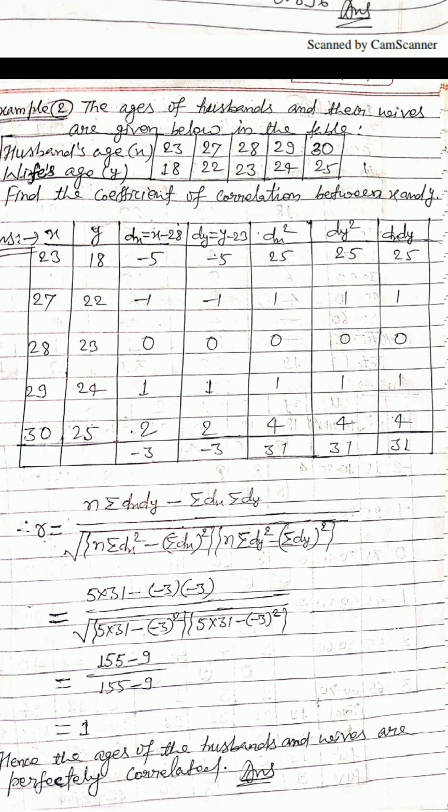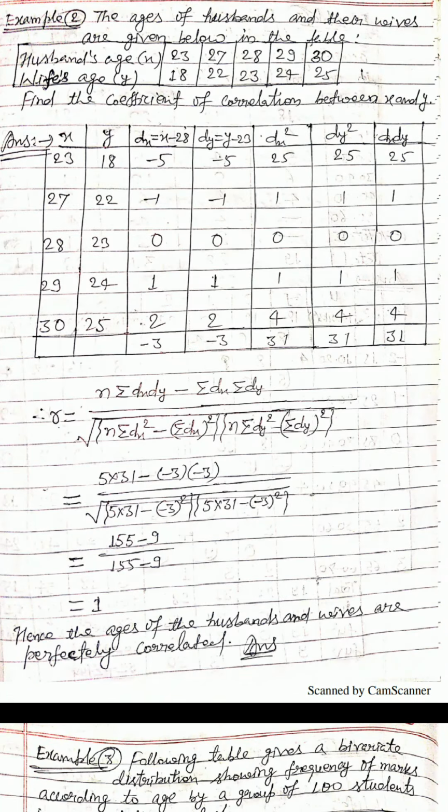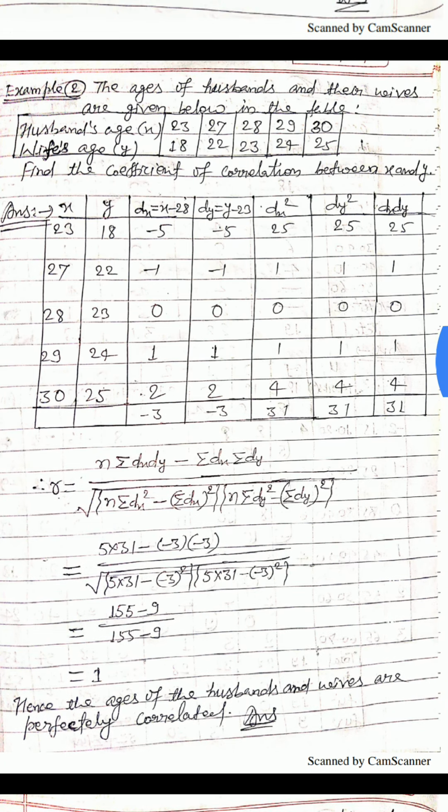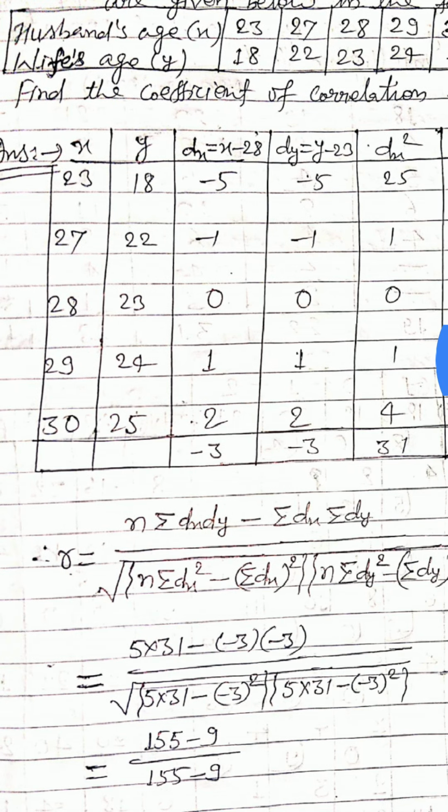What we see in this question is that x bar is just 28, and we subtract 28 from all of the x.